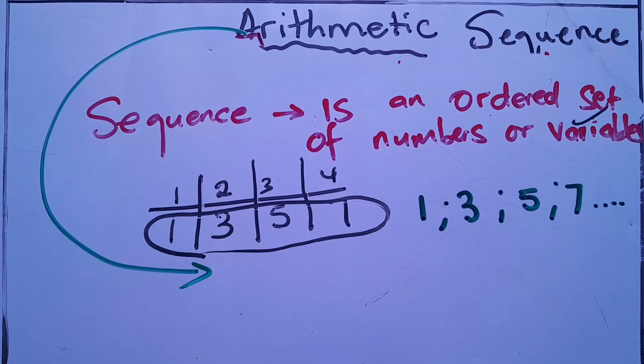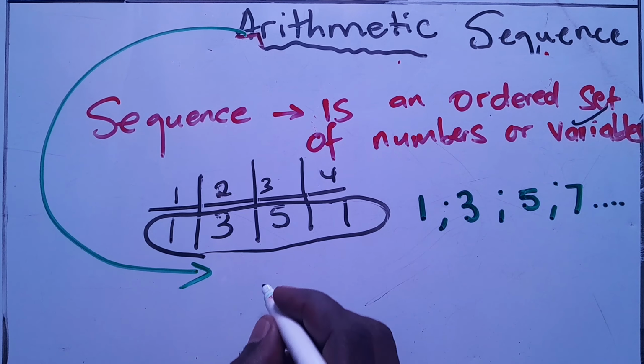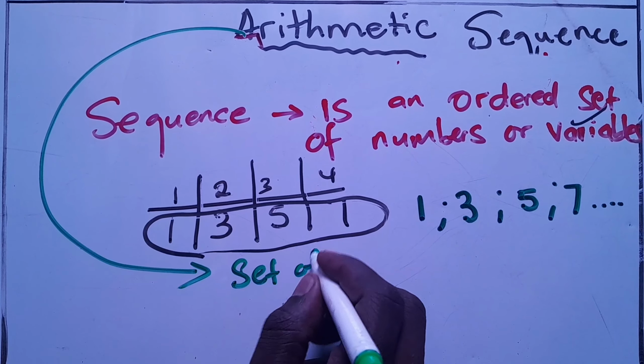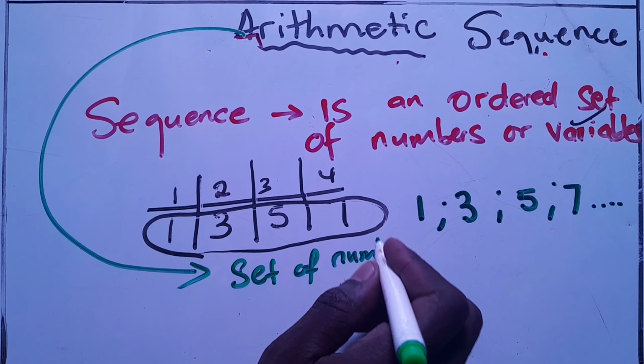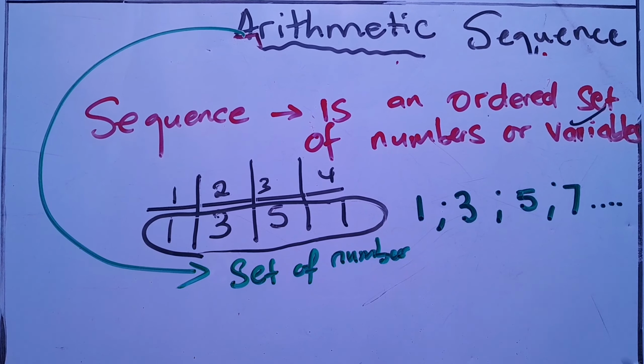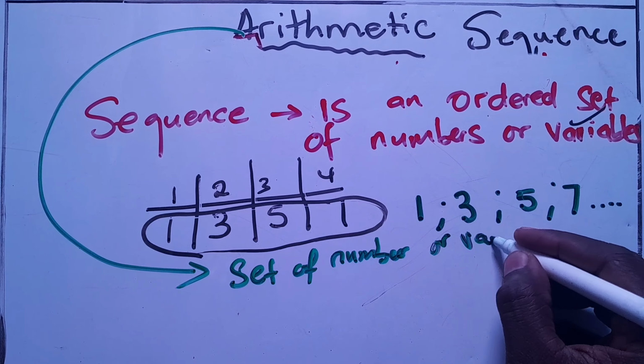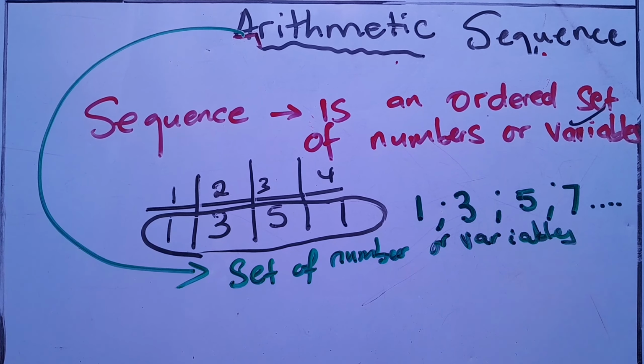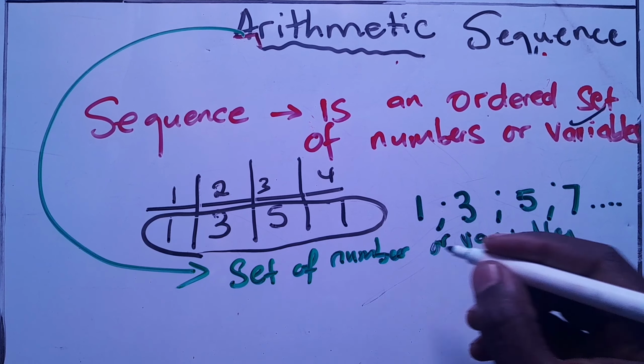An arithmetic sequence is a set of numbers or variables that have a common difference.